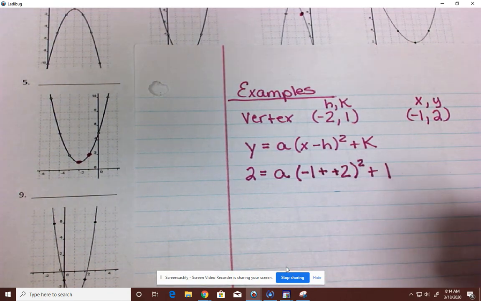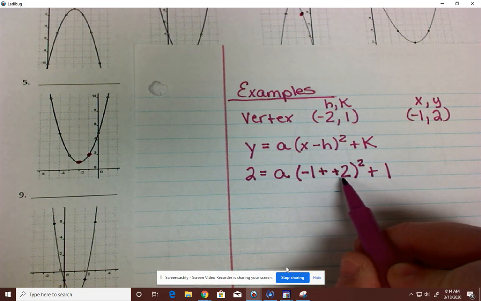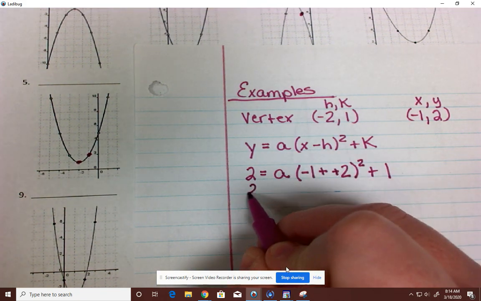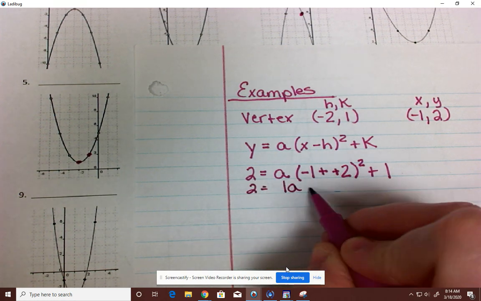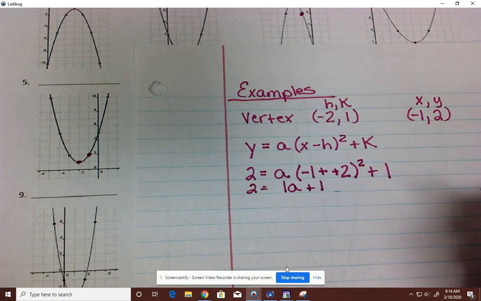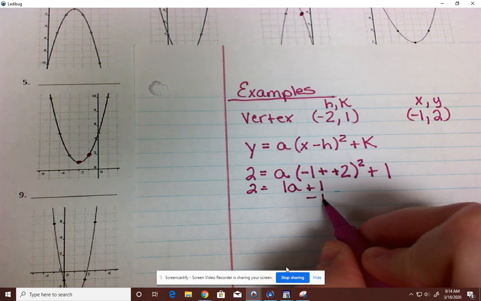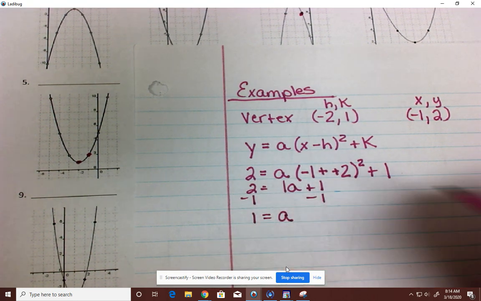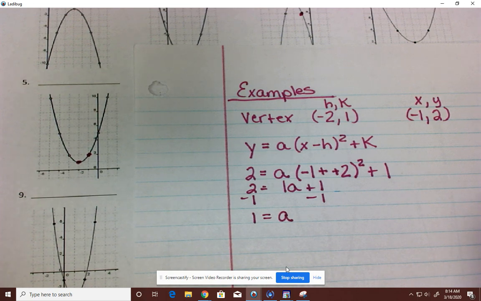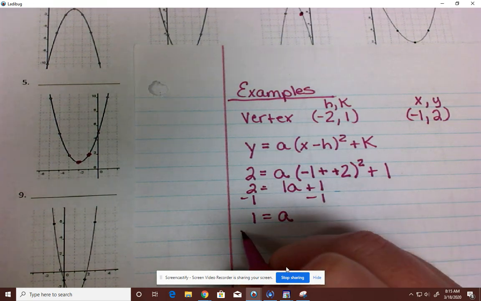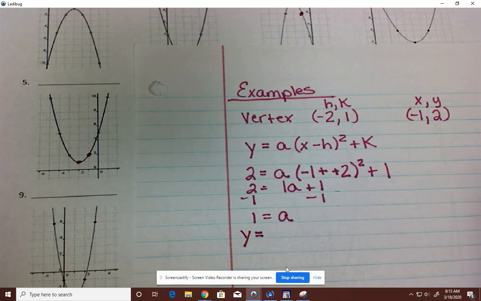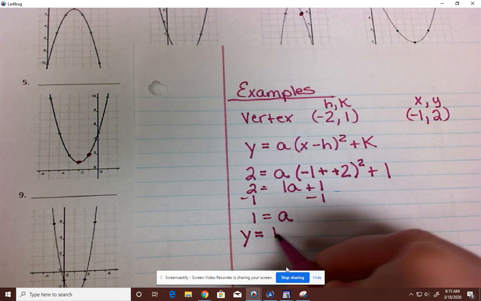All right, now here let's do some working things out. This is going to be plus. -1 plus 2 is 1, and 1 squared is 1. So 1 times A is just 1A or A, and you don't have to write the 1. Then we're going to subtract 1. So 2 minus 1 is 1, and then that's what A equals. So then to write the equation, we leave X and Y because we need our X and Y in our equation, and then we substitute in A, which is 1.